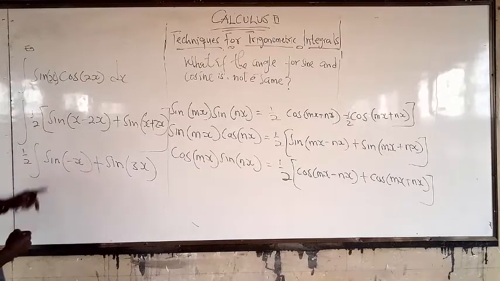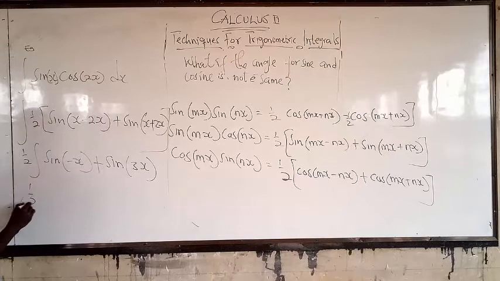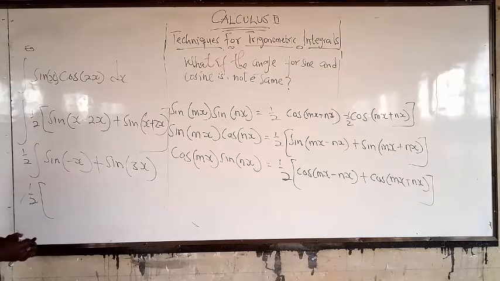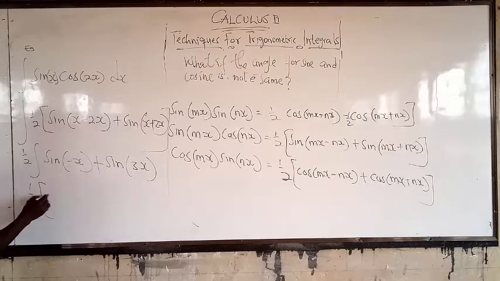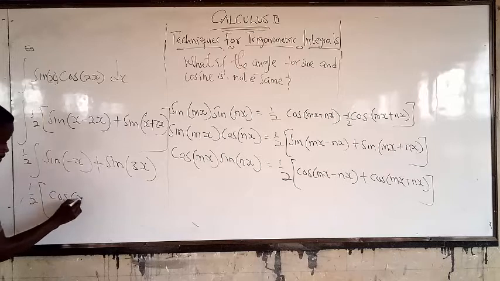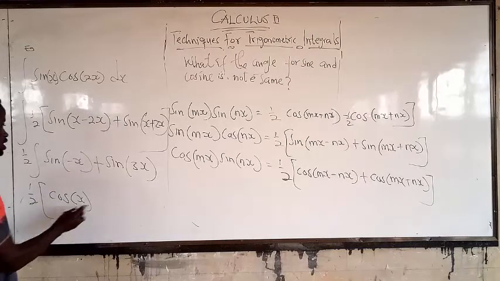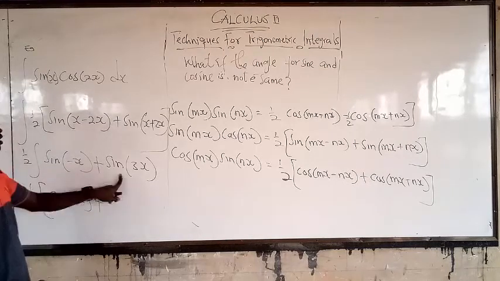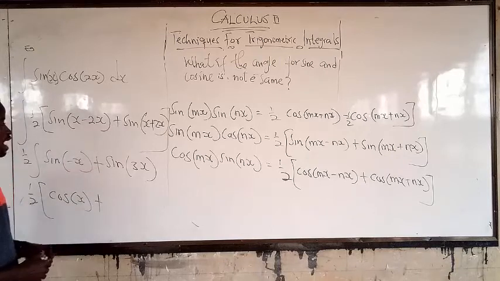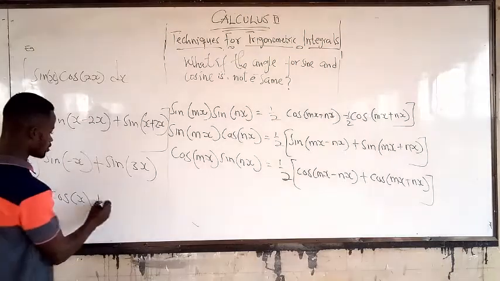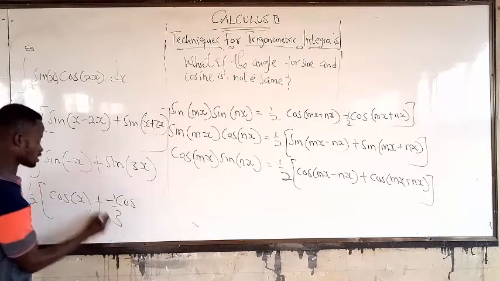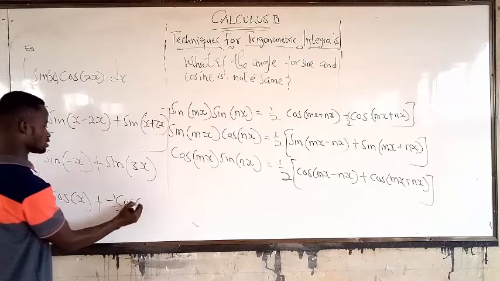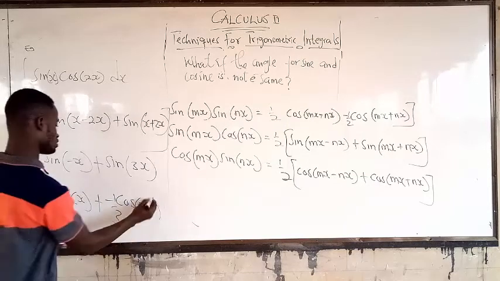Alright. So when you integrate this, what will you get? You know that when you integrate sine, you get negative cos. But the negative here will affect it. So here we will get cos x, plus when you integrate sine here, you get negative cos, so here you get negative cos by the constant here, 1/3, then we get 3x. Alright?